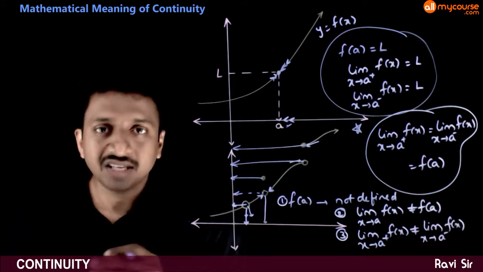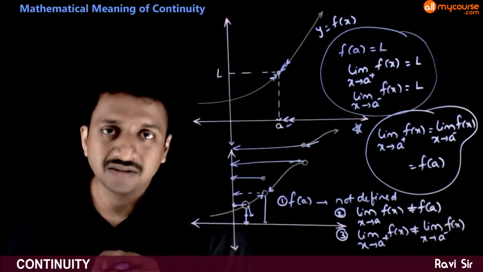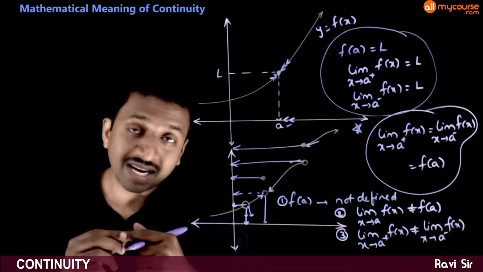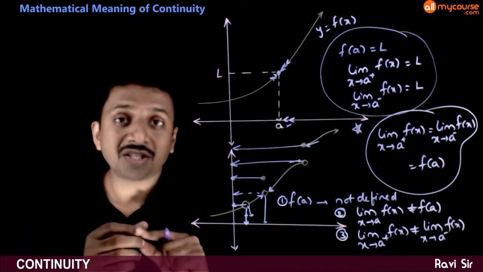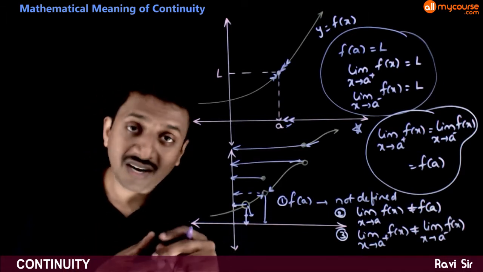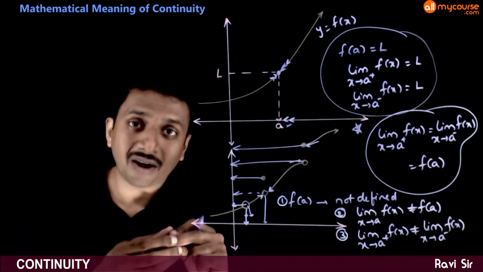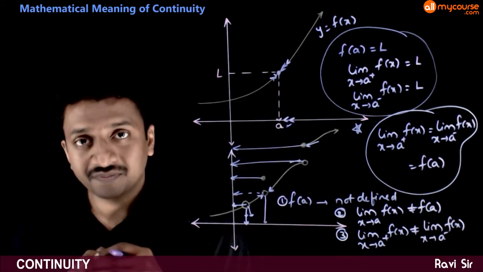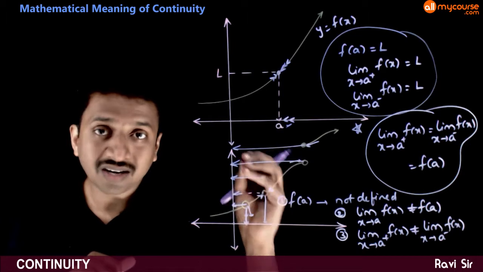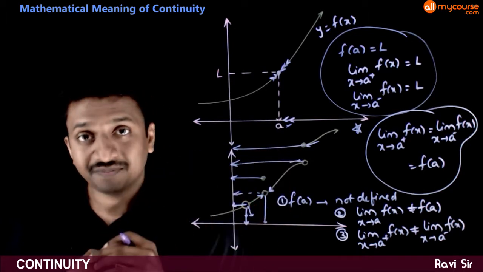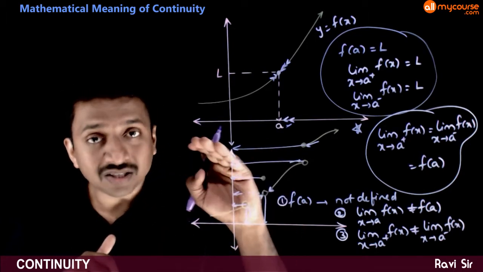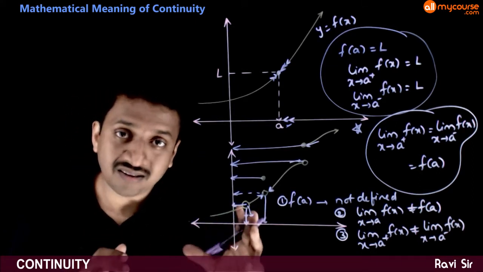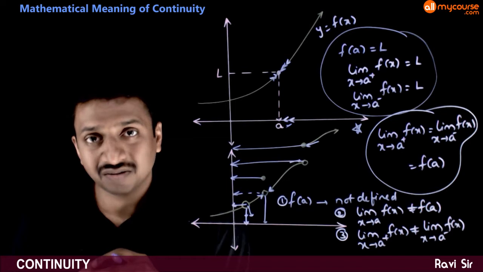So these are the major reasons for a function to be discontinuous. One is if the function is not defined at that point. The second is the function is defined but it's not equal to the limit. And third is if the limits are not defined finitely, that is, if the right limit is not equal to the left limit, then we say that the function is discontinuous.